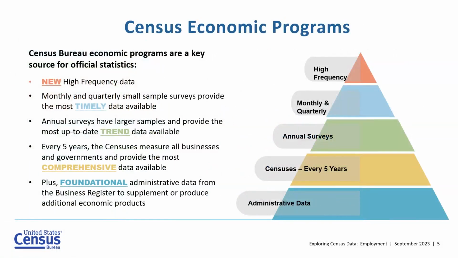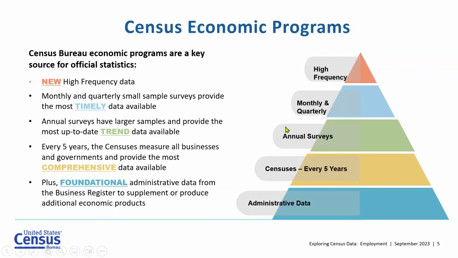When it comes to our data, a pyramid is a nice representation of the relationship between timeliness and details. At the top of the pyramid are high-frequency programs where data are released on a biweekly basis with less details available. Now, as you move down a level to our monthly and quarterly surveys, these are timely surveys that include the nation's key economic indicators used for tracking and reporting the GDP.